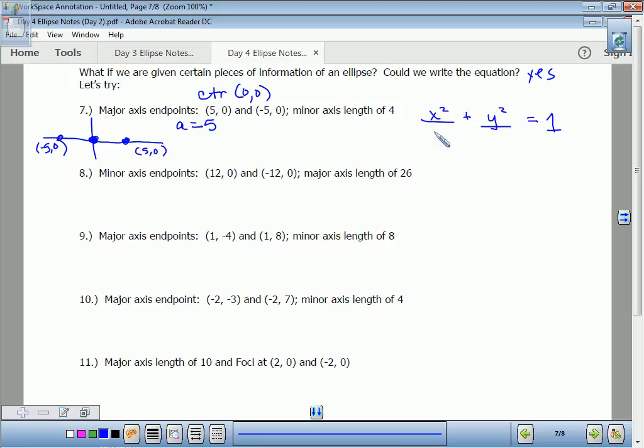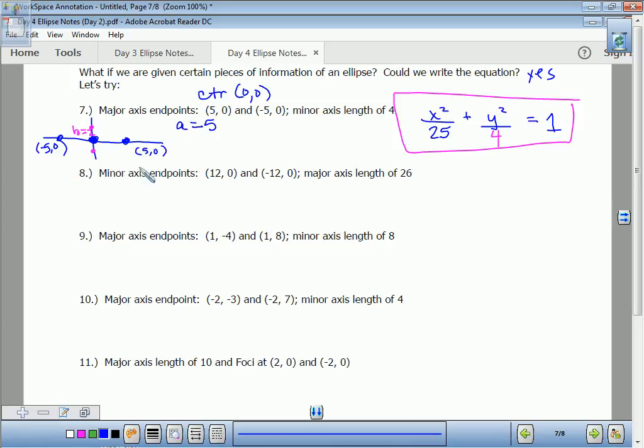So since a squared goes right here, 25 goes there. Okay? The minor axis has a length of 4. So that tells me I would go up 2 and down 2. So b squared is 4. Done. That was easy.